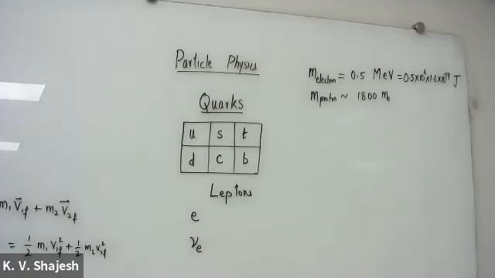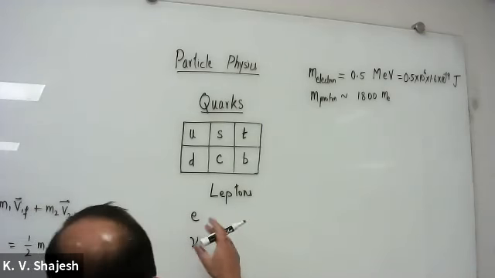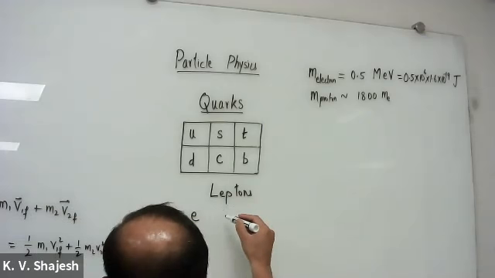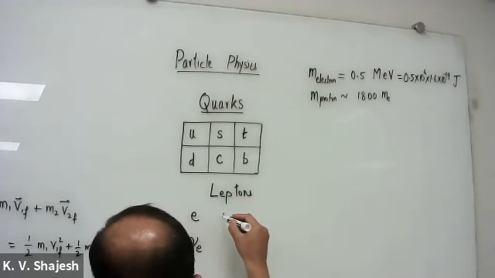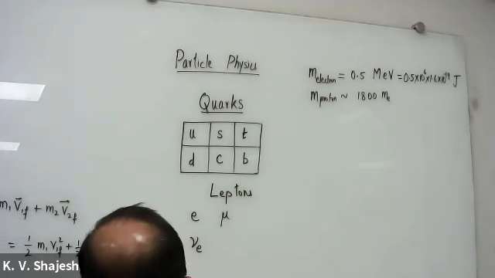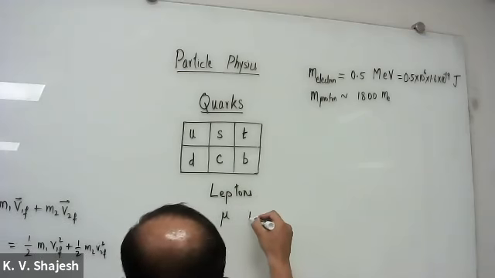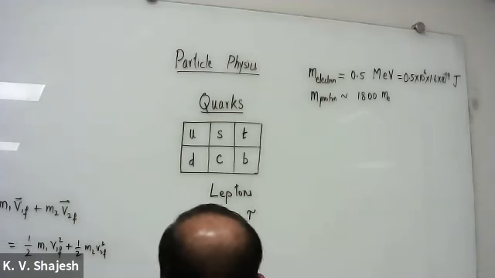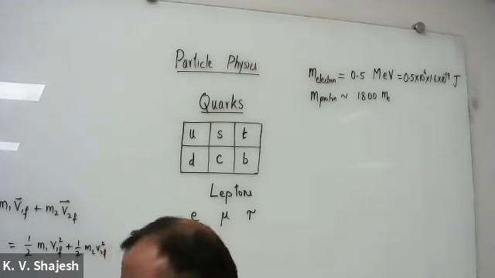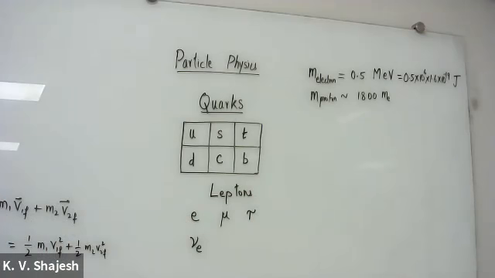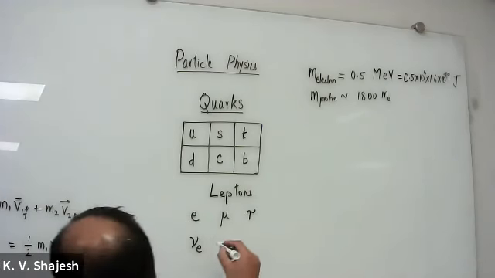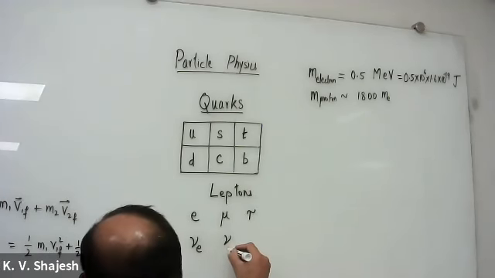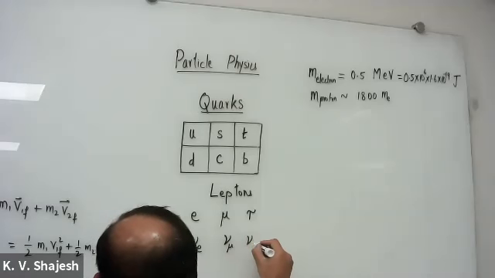That's the letter nu with a subscript e. There is a similar particle like the electron, which is called a muon, and there is another particle called tau. And each one has a neutrino associated with it. Just giving a list here.